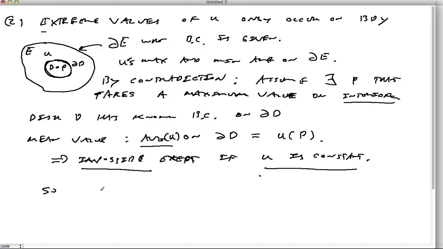So it must be that u does actually take the maximum on the boundary of E. So of course we can do the same argument again for the min. We simply replace the statement of maximum with minimum, and we get that side too.